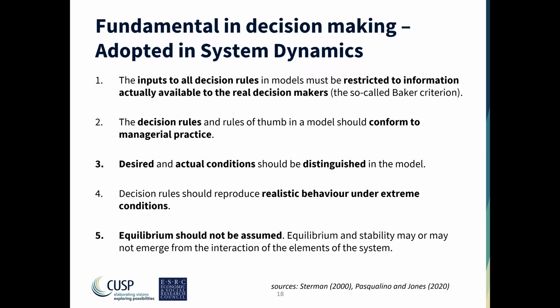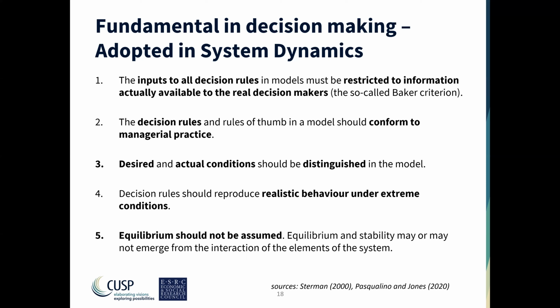So one of the fundamentals of decision-making in system dynamics follows these 5 simple rules. First of all, it requires what is called the Baker criterion, which basically requires that all the inputs to the decision rules, the decision variables, must be restricted to the information actually available to the real decision maker. So it has a lot of influence about realism in the system modeling. Then they want to look at managerial practice, so they want to really model the way people behave in systems.